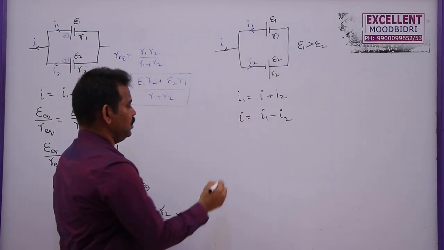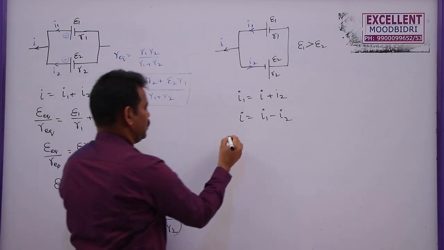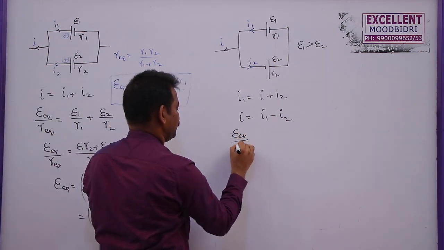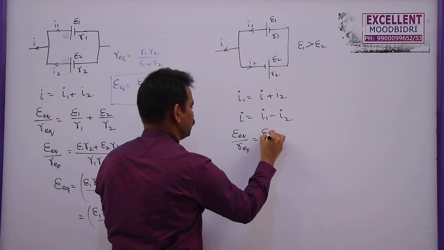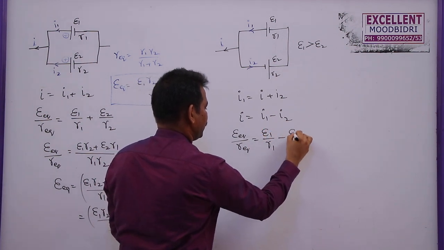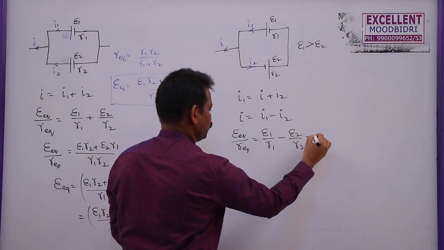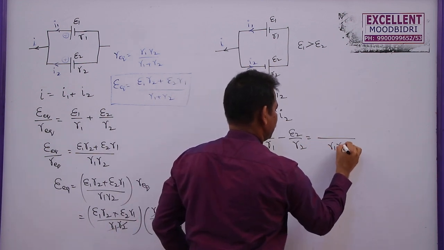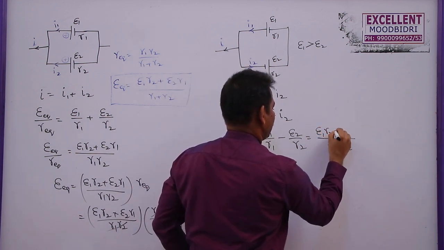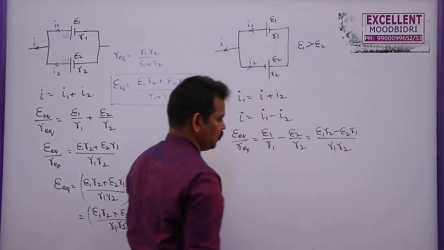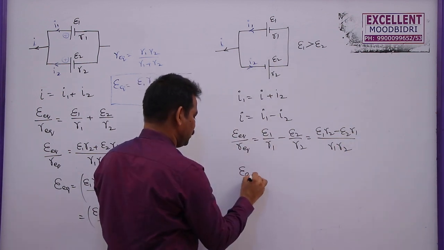Now in this case I am going to use the same method. E equivalent by R equivalent is equal to E1 by R1 minus E2 by R2. If you take the LCM, this becomes E1 R2 minus E2 R1 by R1 R2. So what is E equivalent?